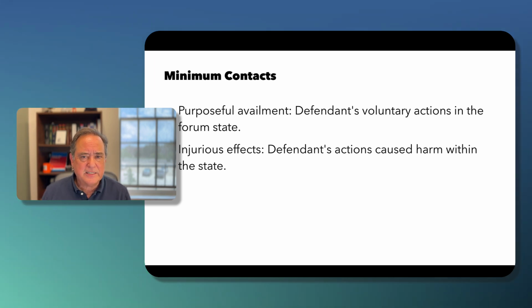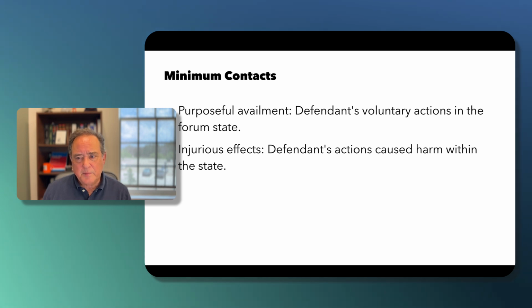So if we have a situation where there's a car wreck involving two people driving in Oklahoma, and one of the drivers, the plaintiff, is a resident of Tulsa, Oklahoma, and the other driver is a resident of Wichita, Kansas, can we sue that Kansas driver in Oklahoma?